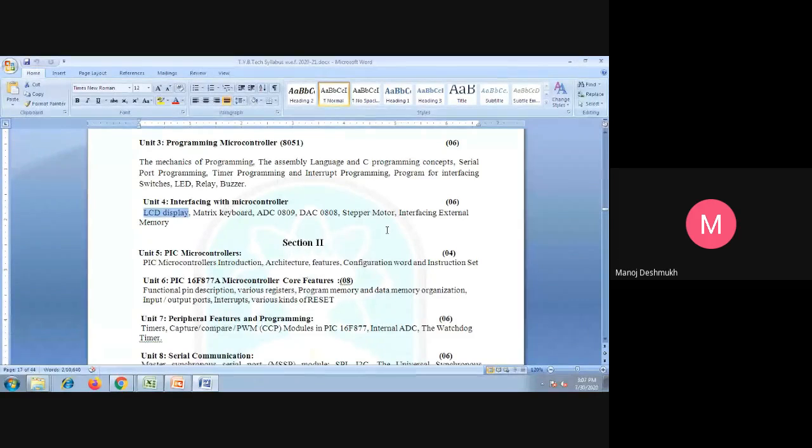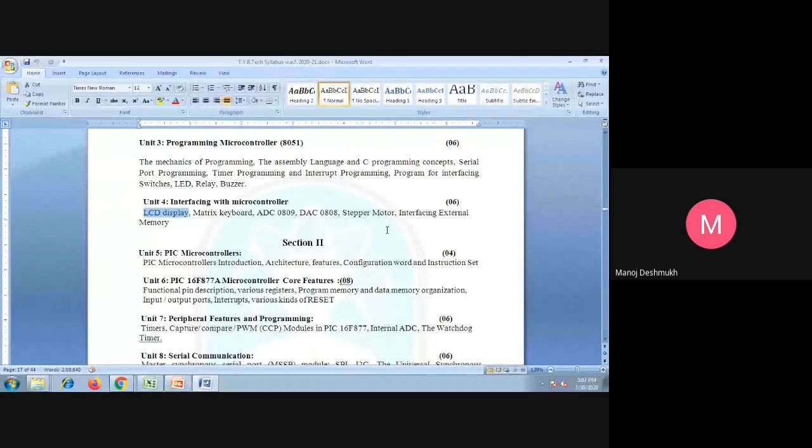Okay, you just concentrate on T2 by Muhammad Ali Mazidi, Pearson publication. After that you write the title of the chapter.